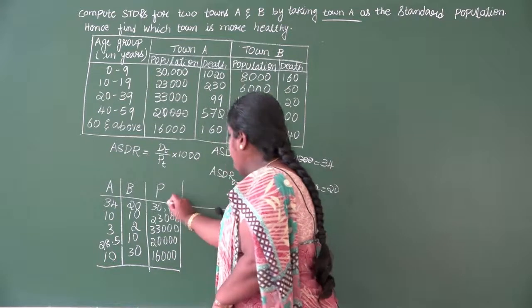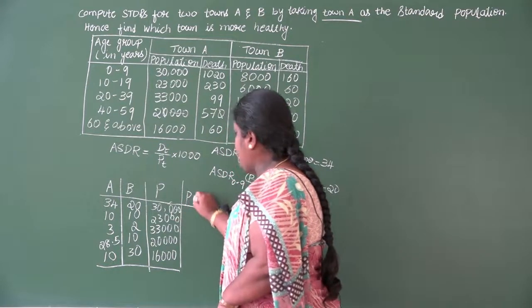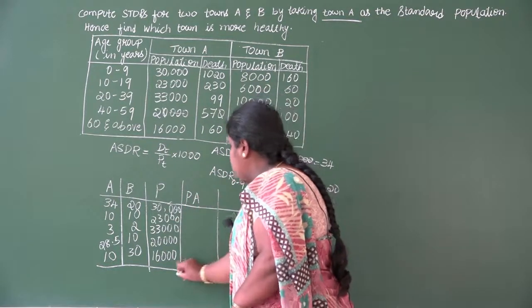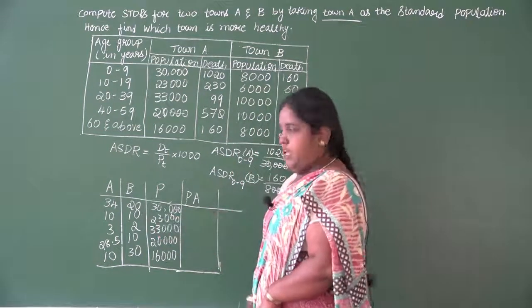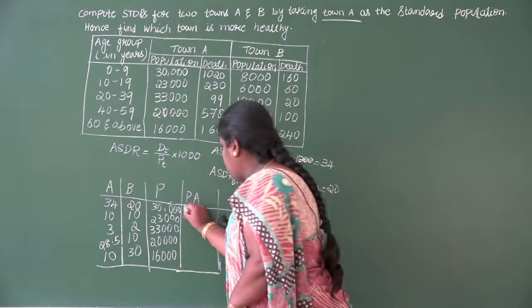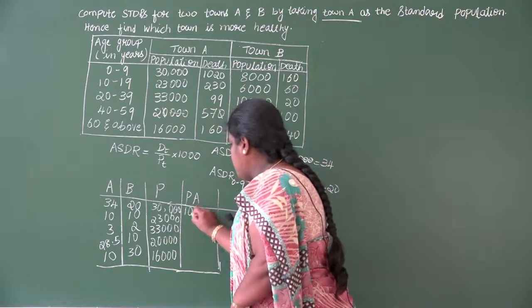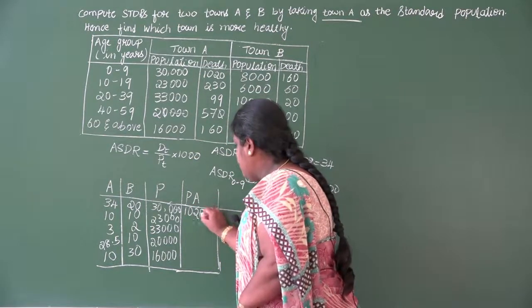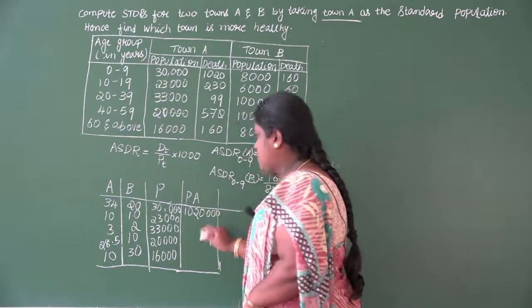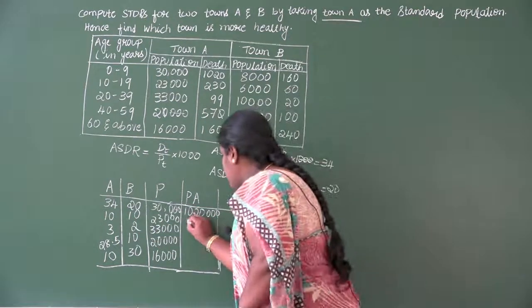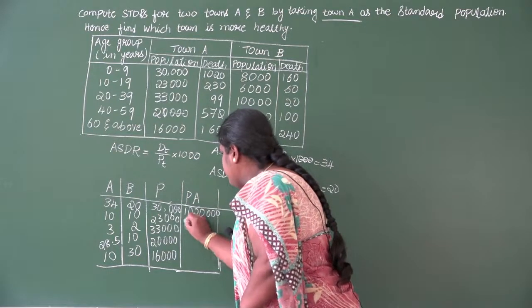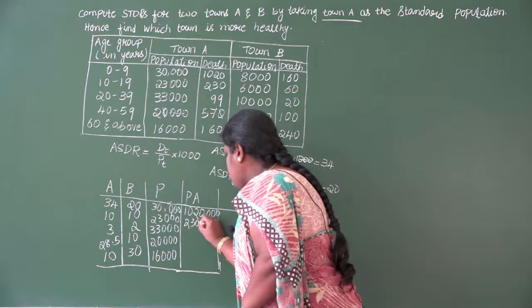Then find PA. You have to multiply P and A values. So 34 into 3,000 is 102 and 4 zeros. Then 10 into 23,000 gives 2 lakh 30,000.